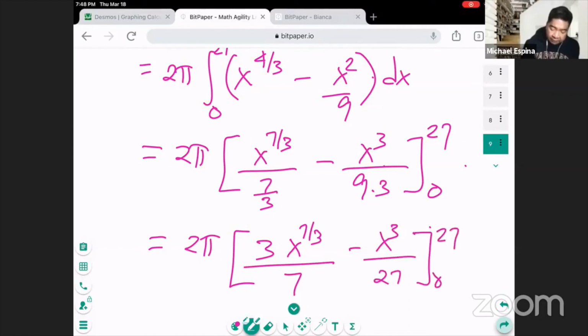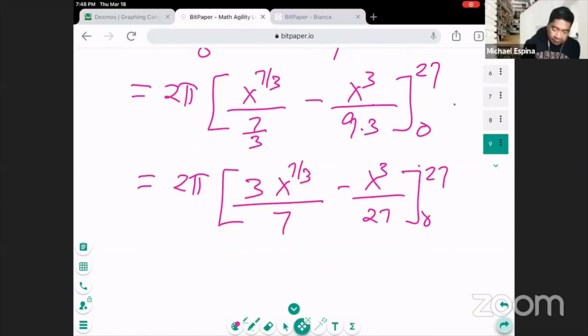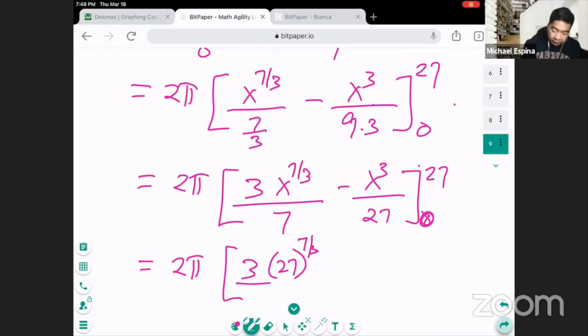0 to 27. So let's substitute our limit. At 0 this is 0. So 3 times 27 to the 7/3 over 7 minus 27 to the 3rd over 27.